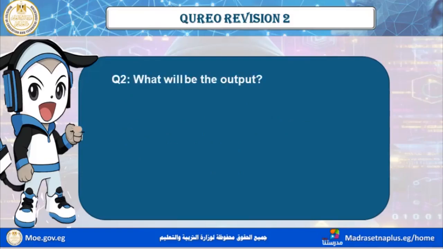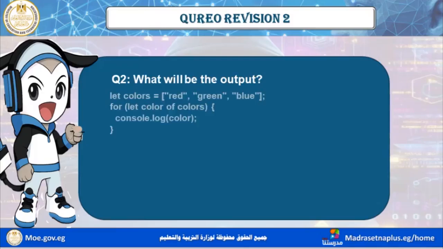What will be the output? See the code and guess the output. Let colors equal red, green, blue. So colors here is an array or a list. And we have to use the for statement, let color of colors. Color here is a variable and colors is the array. Console.log color.